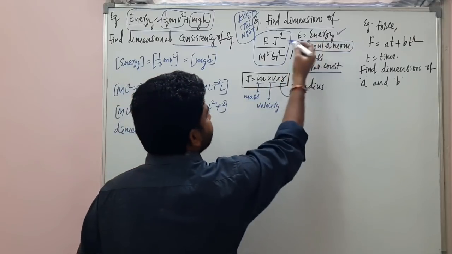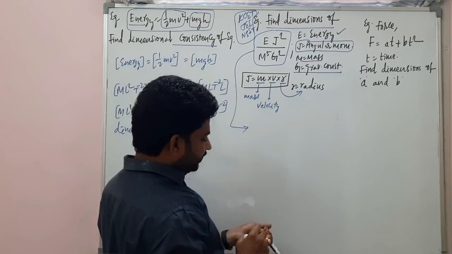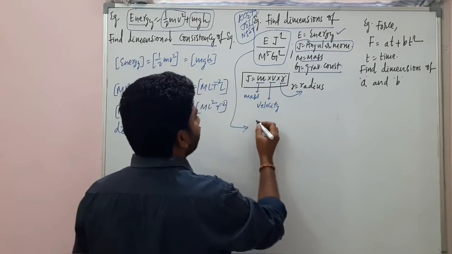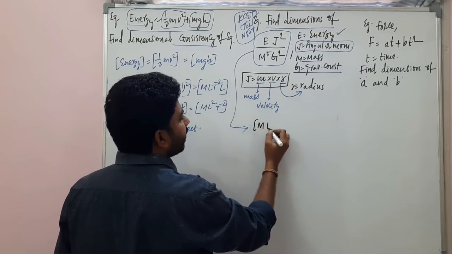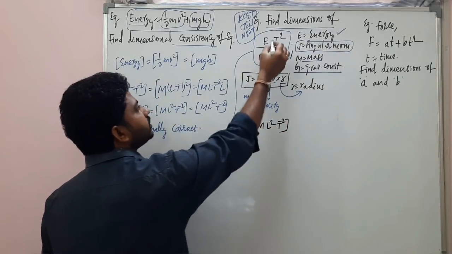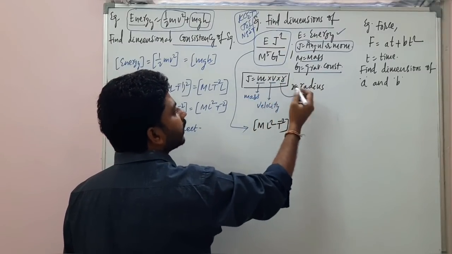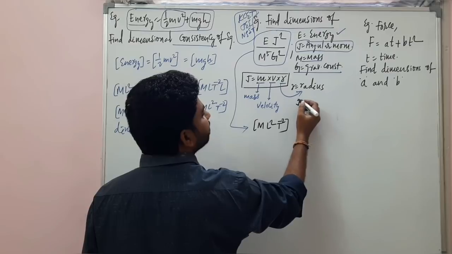Now, the energy dimension. See, start. What is the energy dimension here? ML square T minus 2. Energy dimension into J square. So before that, let's write the dimensions of J here.